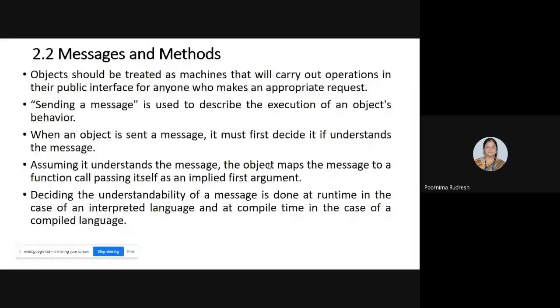And here we are treating the objects as machines, and they will carry out the operations in their public interface for anyone who makes an appropriate request. First, let us consider that in a class we have four objects: object 1, object 2, object 3, and object 4. Object 1 makes a request to object 2. Based on the object 1 request, object 2 will carry out the operations.